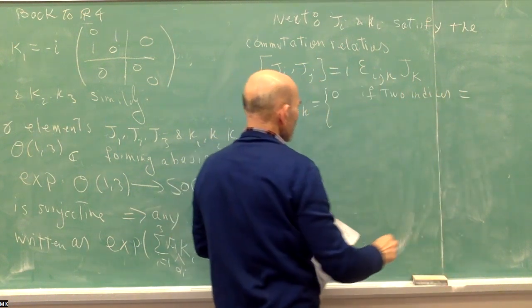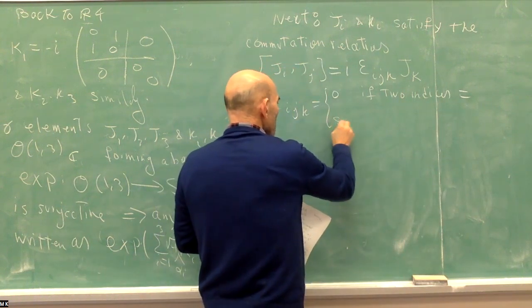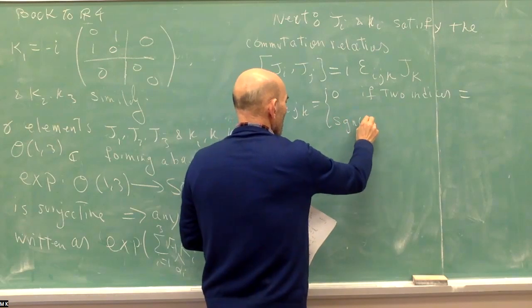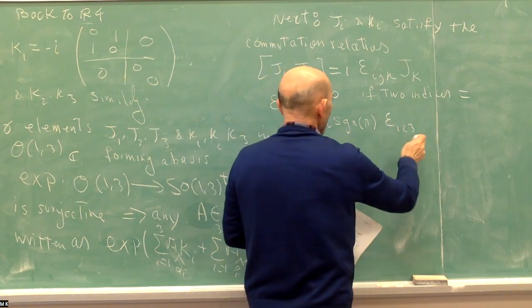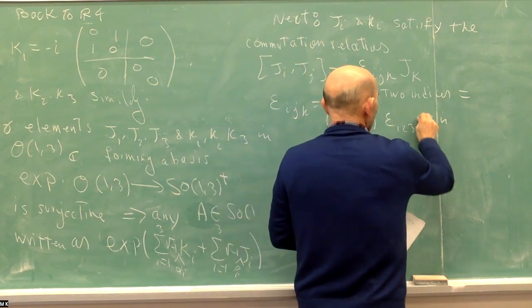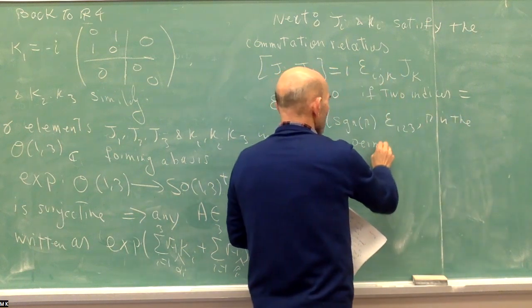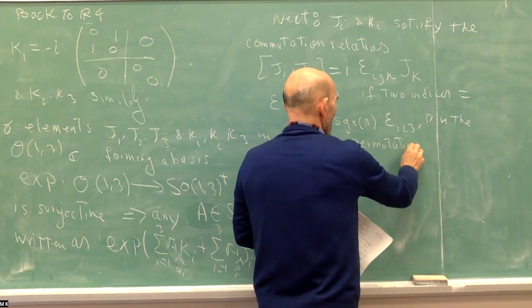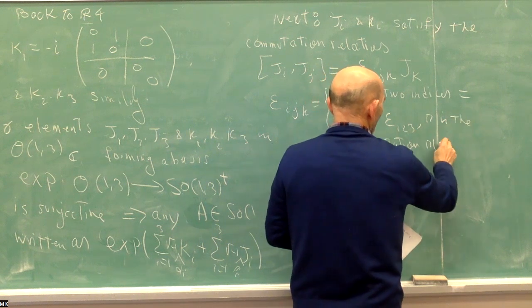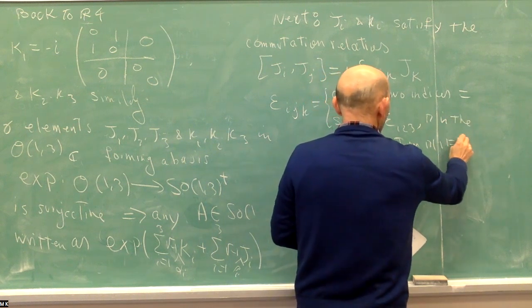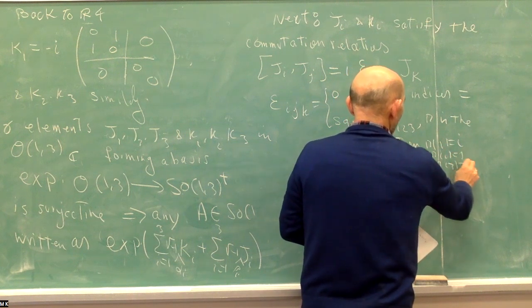Otherwise it is equal to the signature of the permutation pi, where pi of 1 equals i, pi of 2 equals j, pi of 3 equals k.